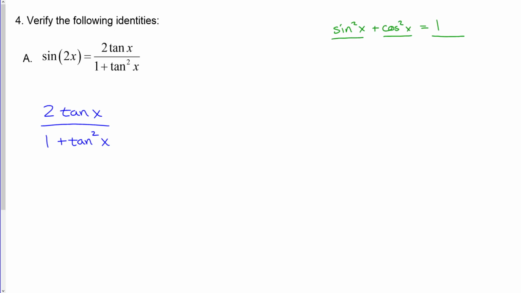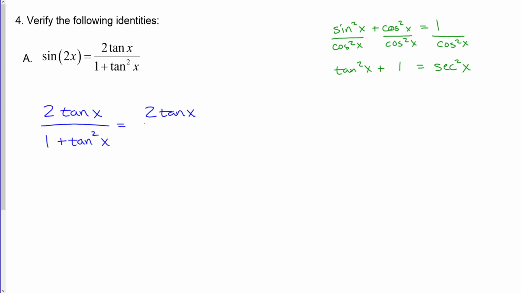And if I divide everything through by cosine squared x, then sine over cosine gives me tangent. Cosine over cosine gives me 1. 1 over cosine gives me secant squared. So that tells me 1 plus tangent squared is equal to secant squared.